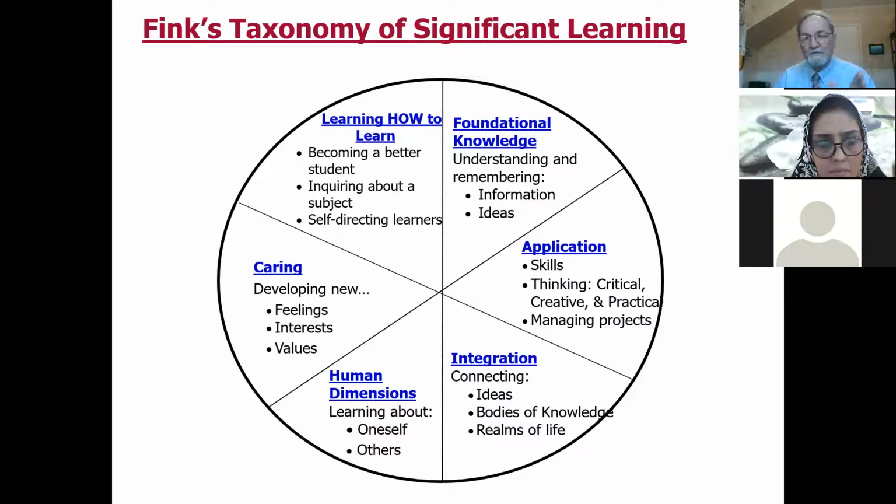But once we move to the left-hand side, we move into an area that Bloom did not refer to in his taxonomy in the cognitive domain. And this we have because these are what students told me had the power to change the way they live. So let me just go around that. Starting with the human dimension, students said sometimes a course was important because they learned something about themselves, who they are or who they want to be, their ego image, their self-image, or their ego ideal.